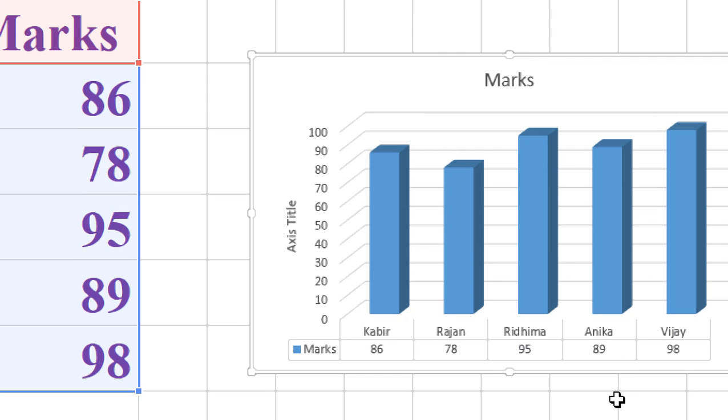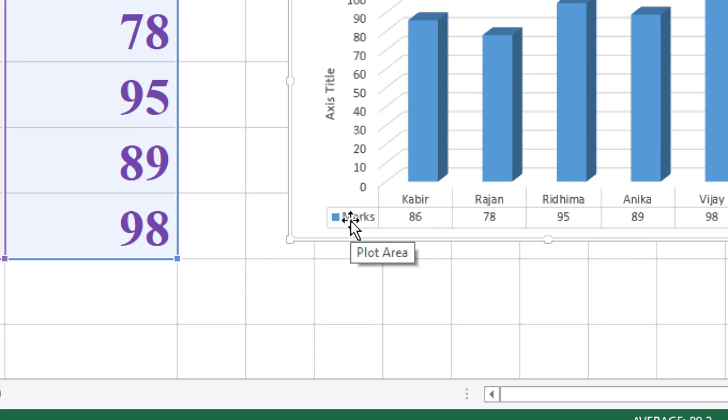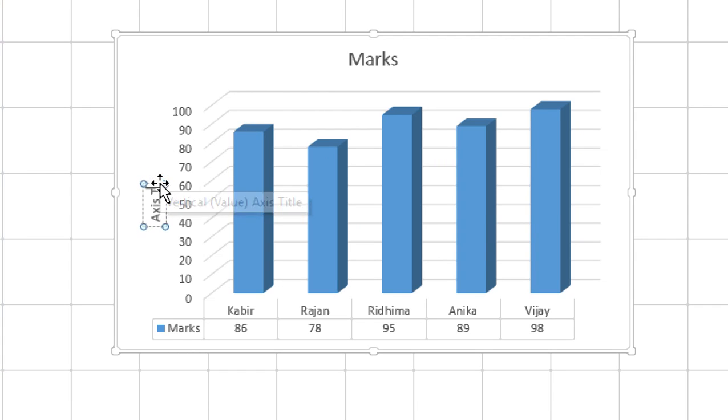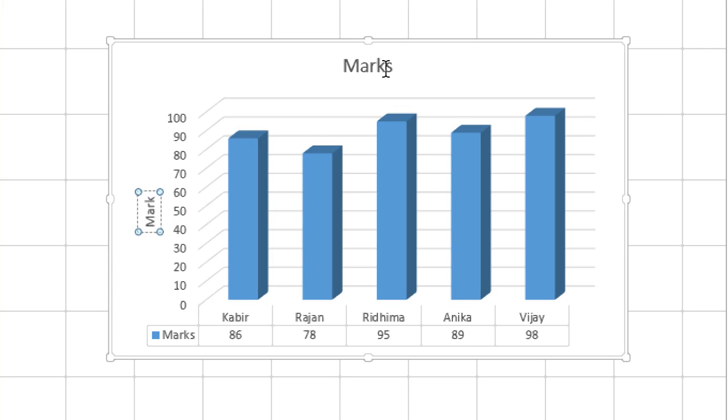Okay, so here you will get the legend also, axis title also, and chart title also. Clear? So suppose you want to change it, click there, press the backspace key and give the name of that axis. Chart title also you can give by clicking there, clearing it and giving the name of your chart.